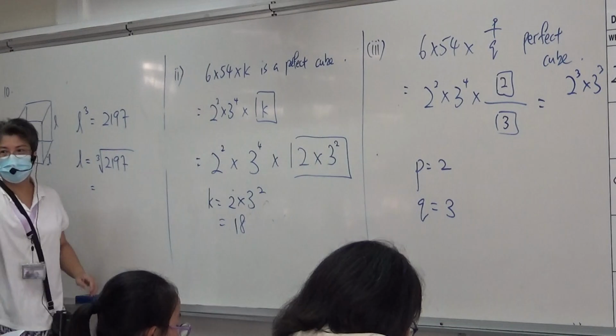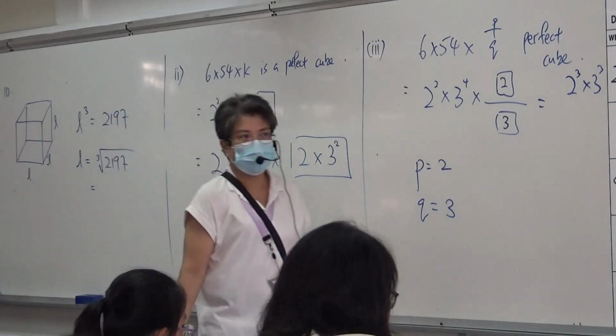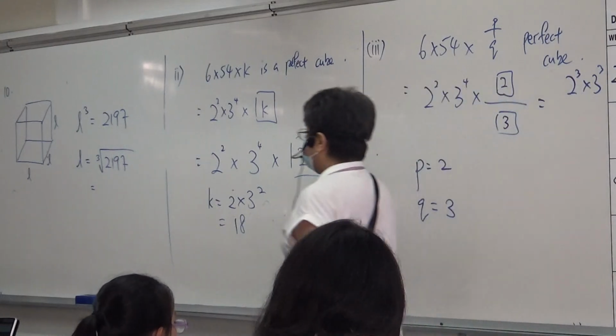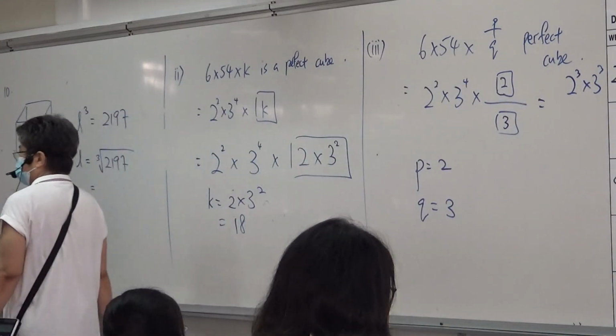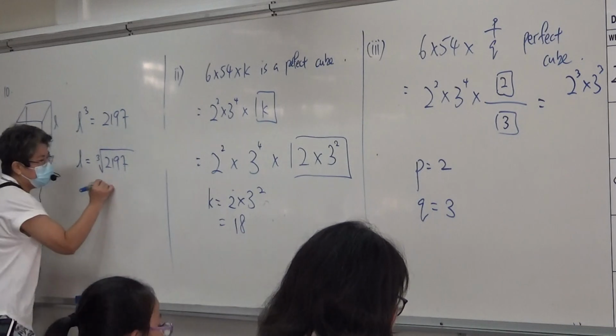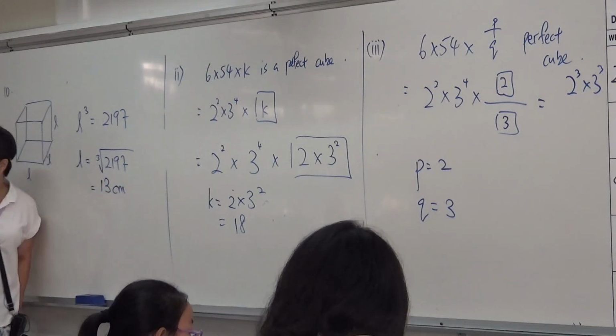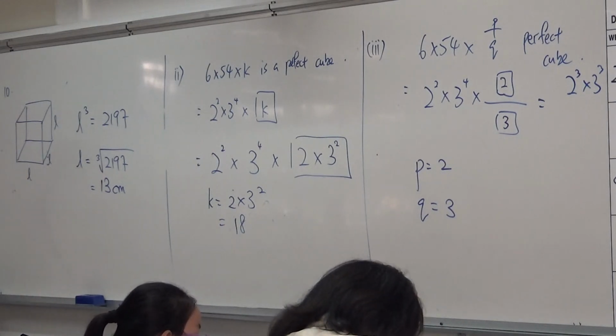Okay, press your calculator. What is the cube root of 2197? 13. So this is 13 length. That means one length is 13. Agree?